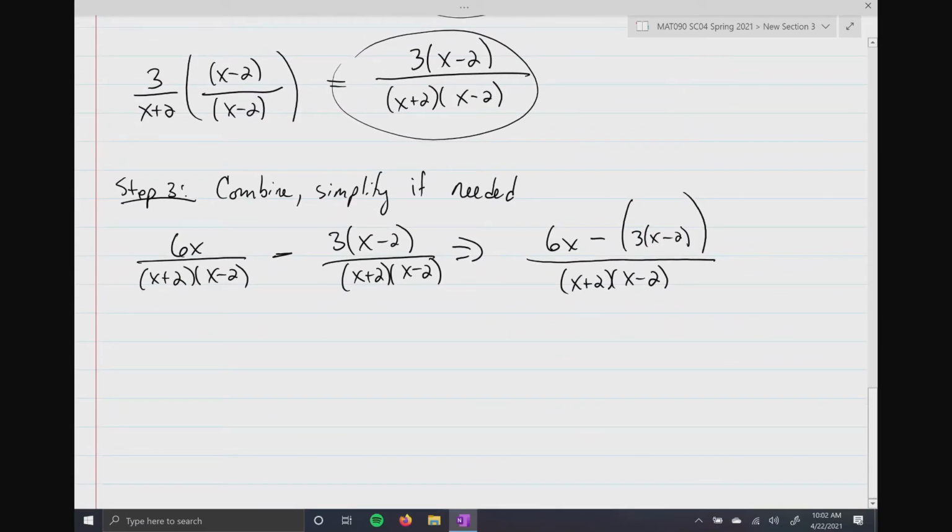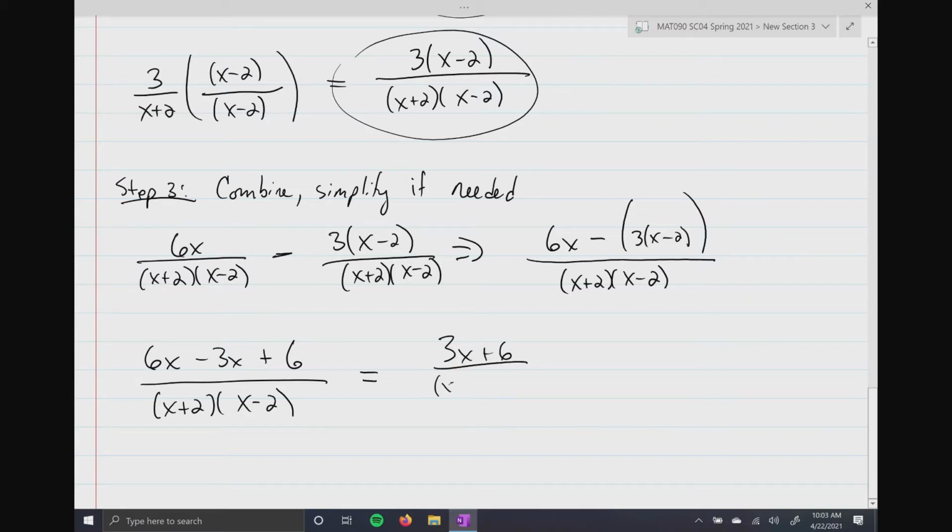Now, it's just a matter of figuring out what the numerator simplifies down into. That's it. So, 6x minus 3x, what is that, plus 6? Do you guys agree with that? Okay. All over x plus 2 times x minus 2. That's going to give me 3x plus 6 all over x plus 2, x minus 2.